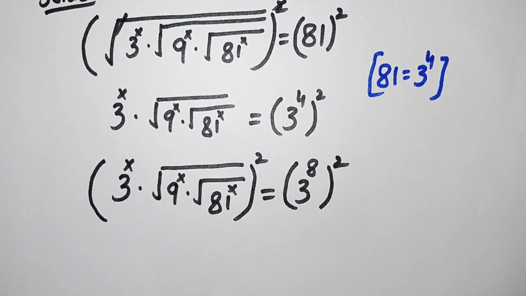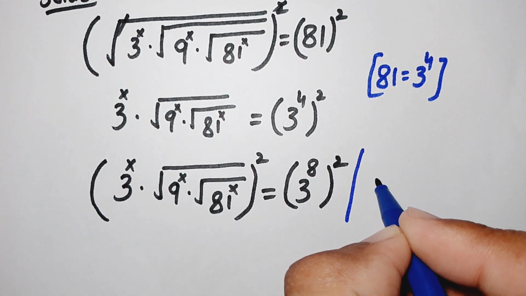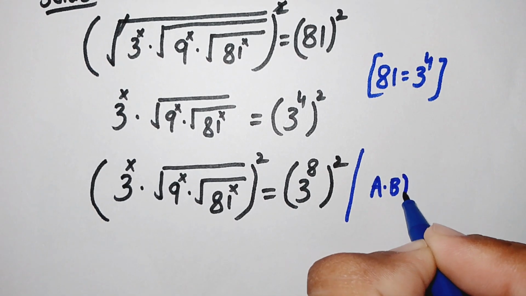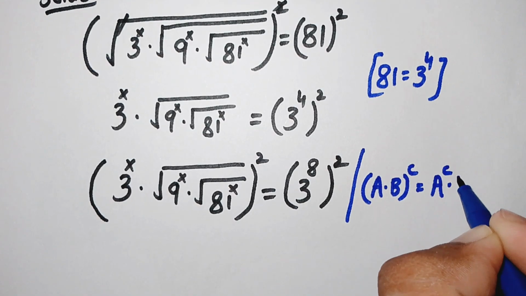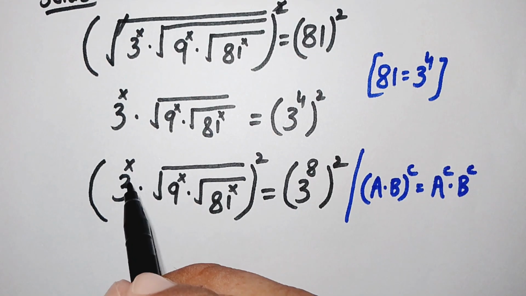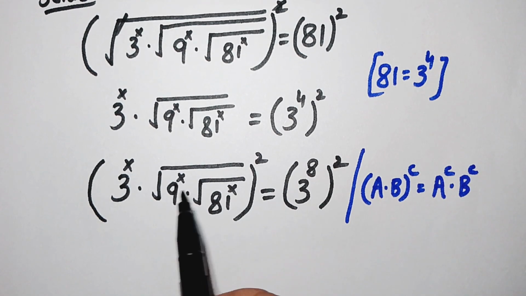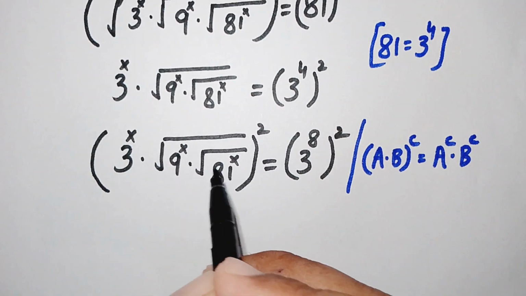Now to solve this, we know that a times b to the whole power of c is equal to a to the power of c times b to the power of c. So the same case is here, this square applies to this and also to this, so this will become 3 to the power of x whole square and also this whole square.